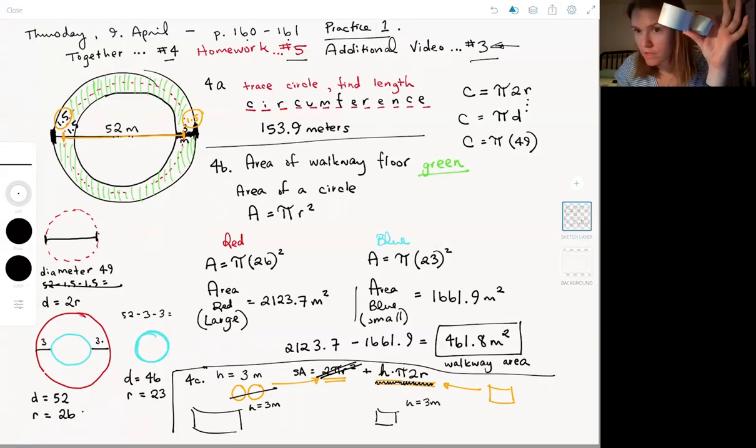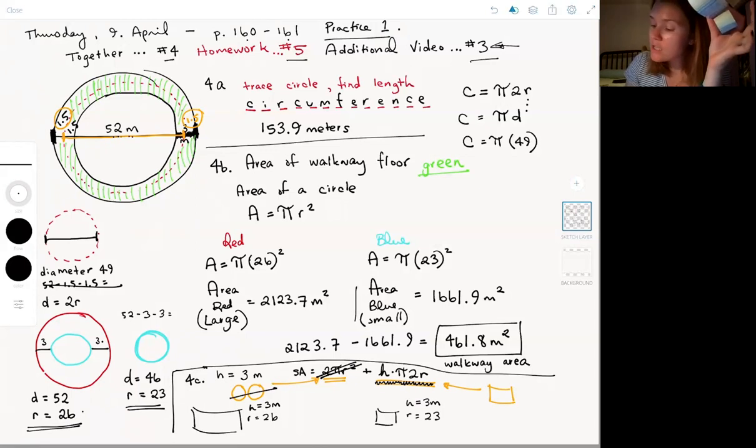The height for both is 3. The radius, I already know the radius for my big circle is 26. And I already know the radius for my small circle is 23.